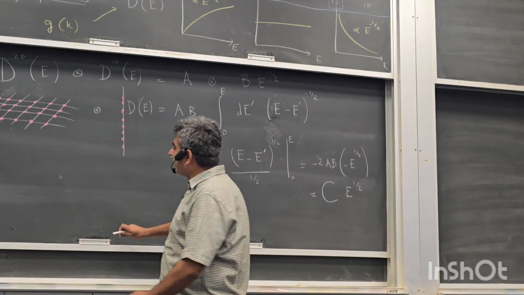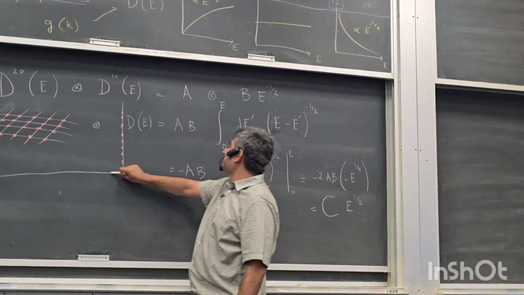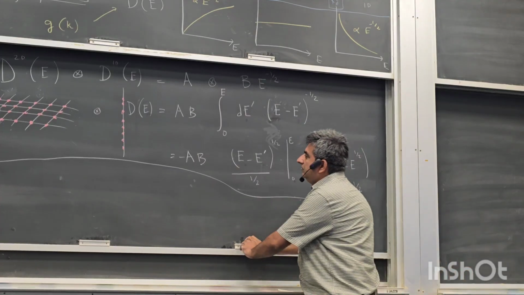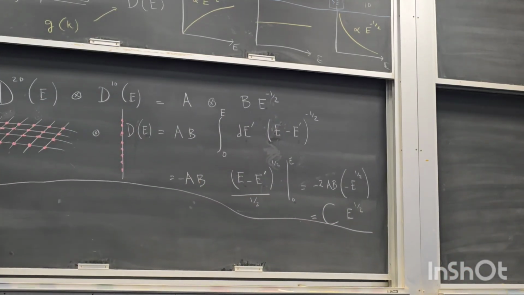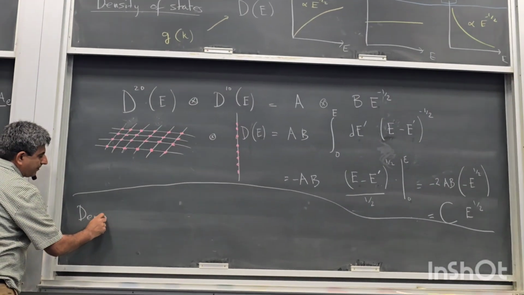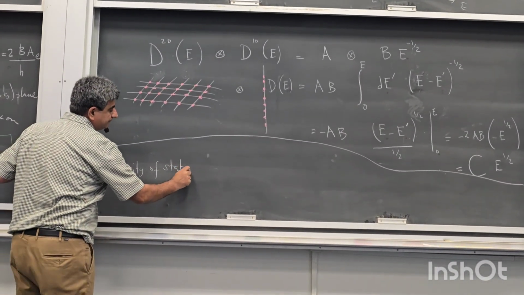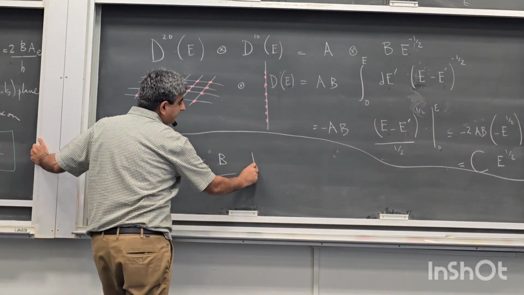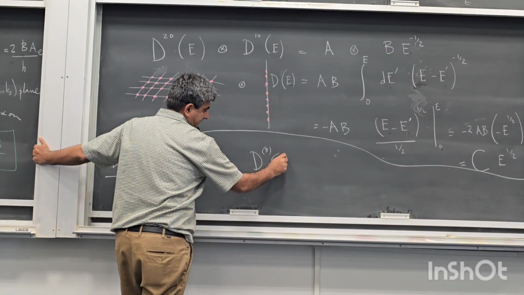Okay, so now we want to find out the density of states in the presence of a magnetic field. We use exactly the same argument. In the presence of a magnetic field, let's call this D in the presence of a magnetic field E, right?